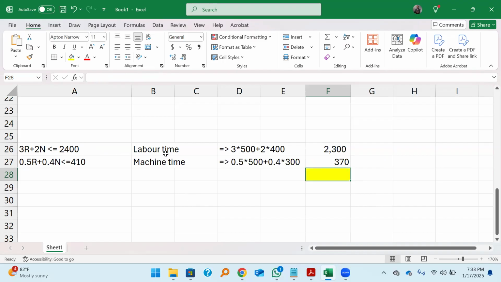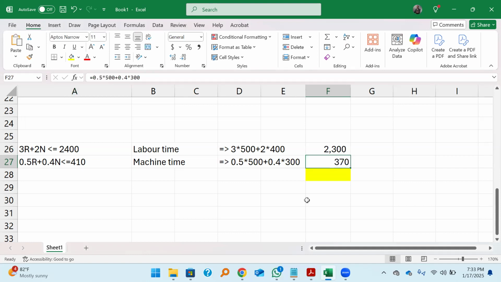For labor time, we only have 2,400 hours and our function is only using 2,300, so we still have time in terms of labor. Even for the machine time, we have 410 maximum, and this one uses only 370.